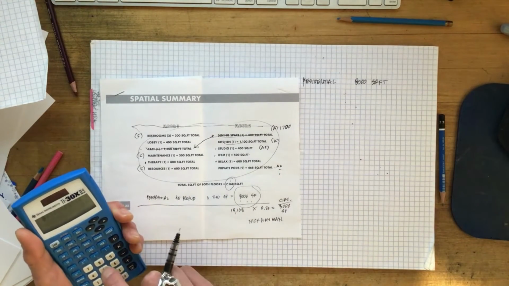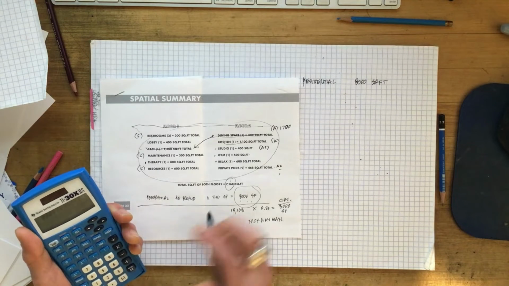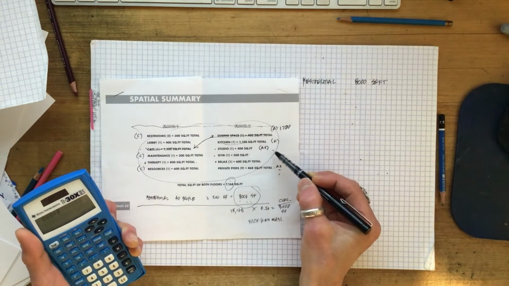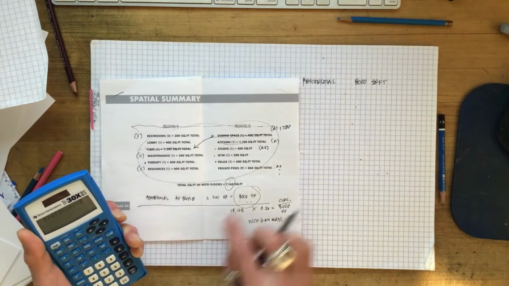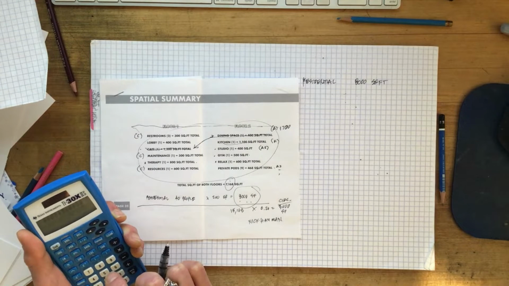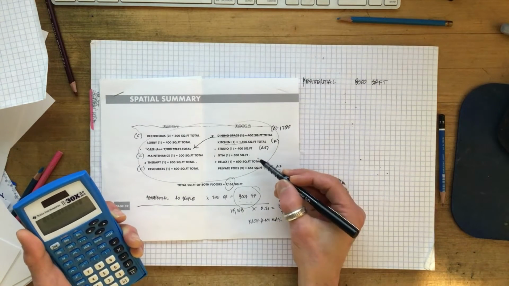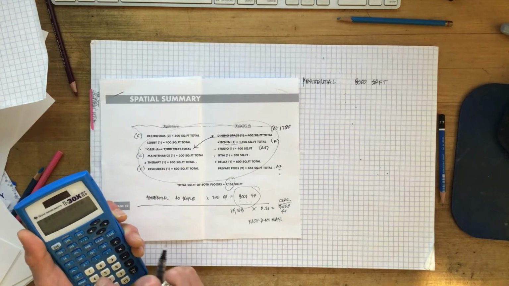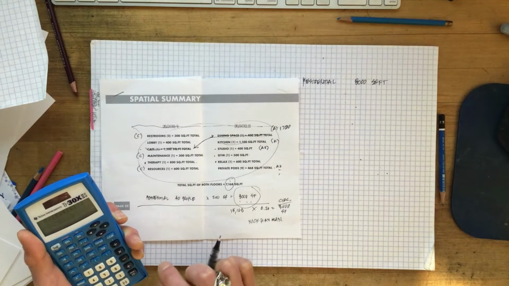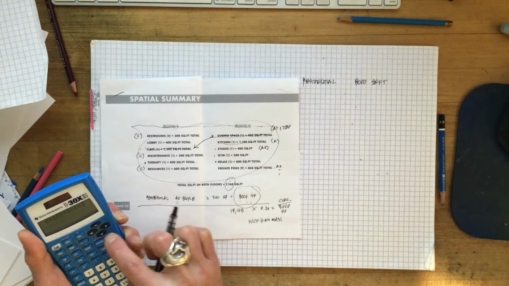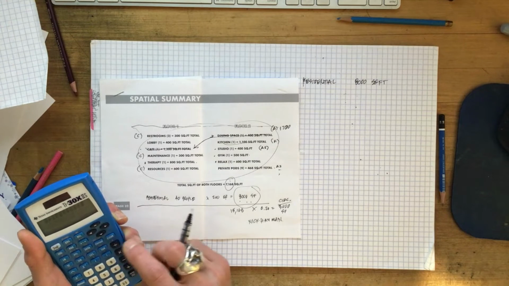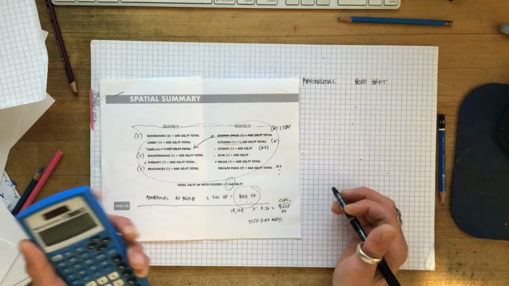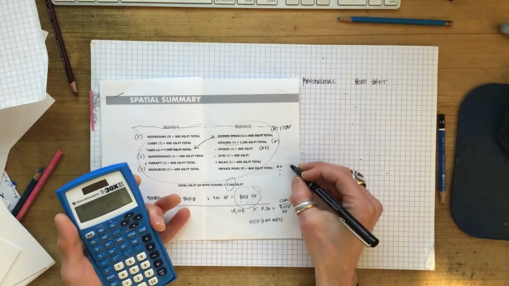Okay. 800, 400, 500, 600, 468. We got 2768.